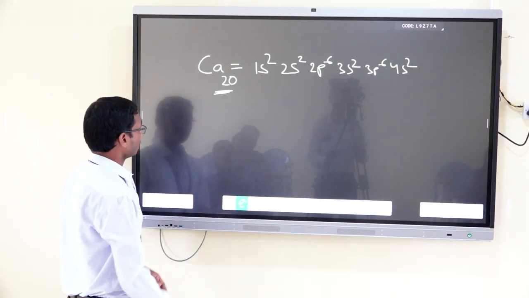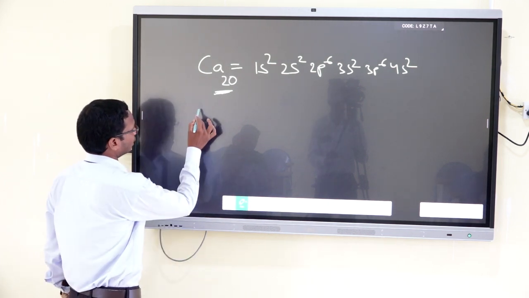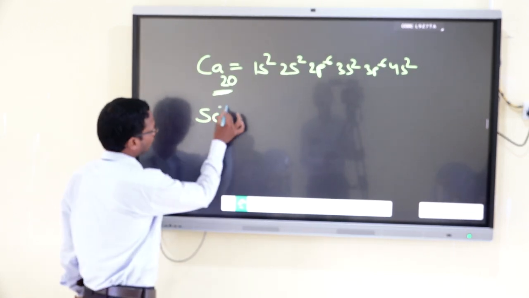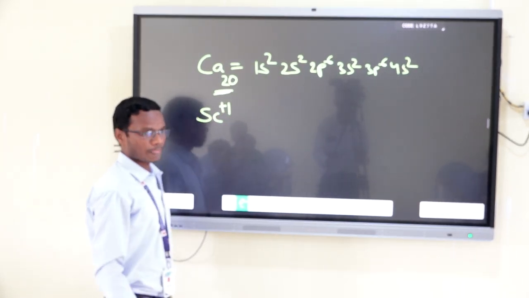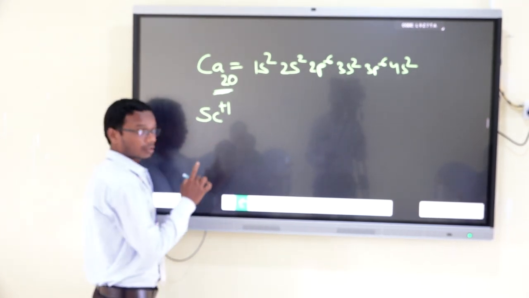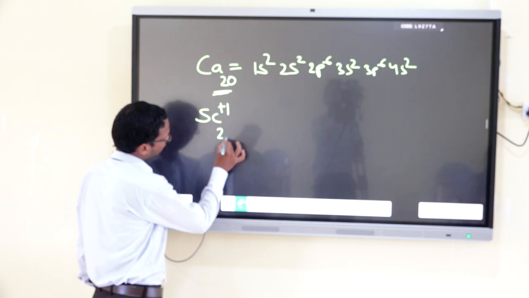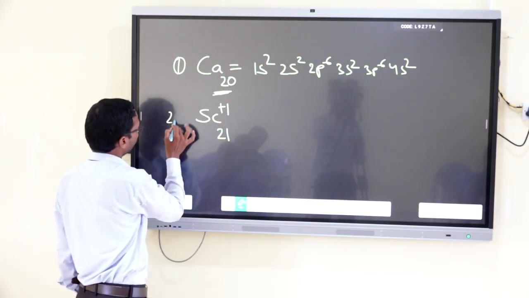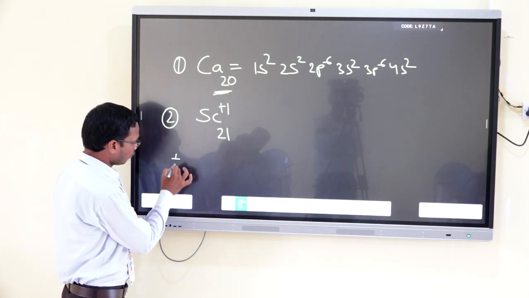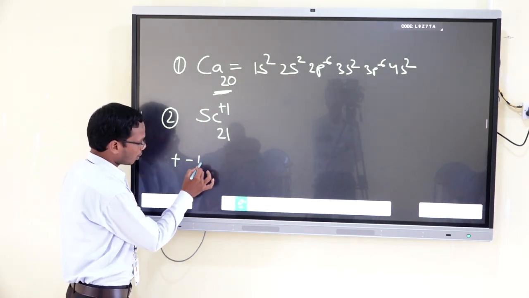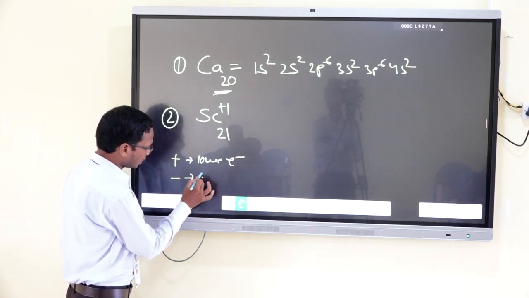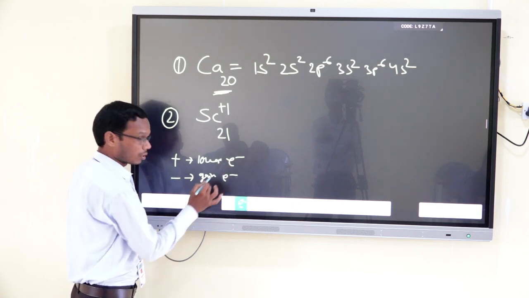Now say scandium. This is scandium plus 1. Suppose scandium plus 1. What is the atomic number of scandium? 21. Scandium is 21. But plus means loss of electron, minus means gain of electron.